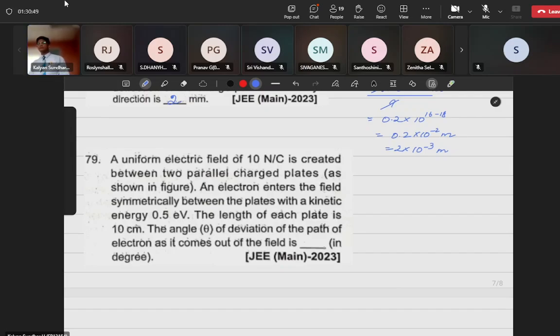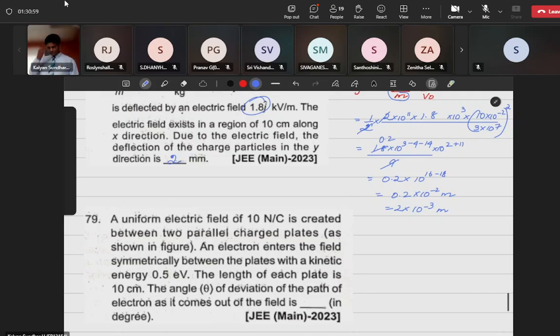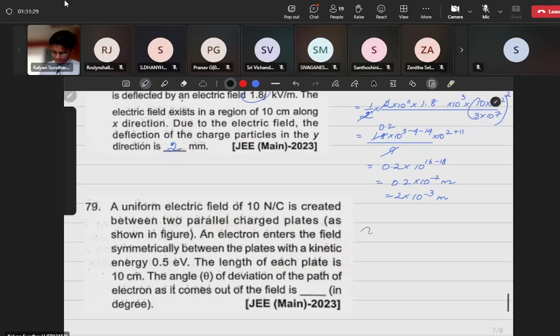One electron volt in joule is 1.6 into 10 to the power minus 19. So what is the tan theta value?